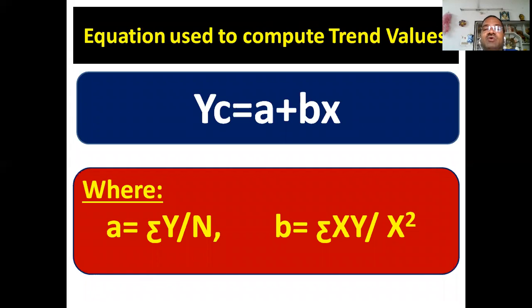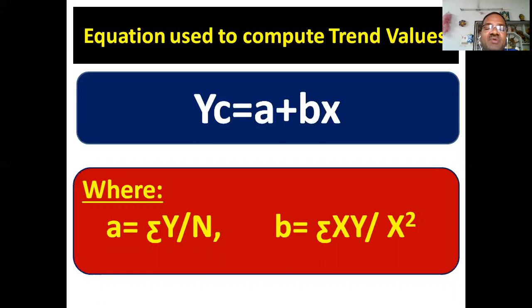Before that, one must know, as we have been discussing right from the beginning, in the least square method the mathematical equations play an important role to anticipate or compute the trend value. Then what is the equation used to compute the trend value? This is the equation we use: Yc = a + bX.